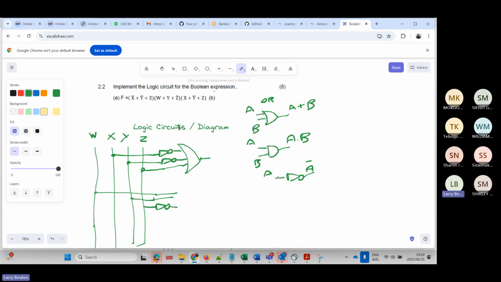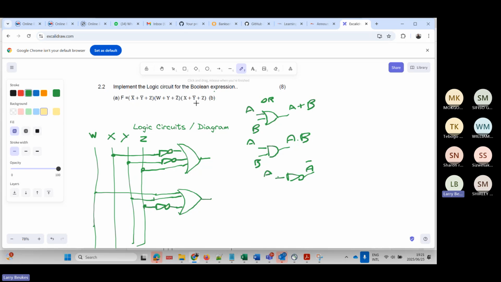And then it makes a 3-input OR gate. All right, so now we have our W, we have our Y, then we have our Z not, right? So we have this term already.